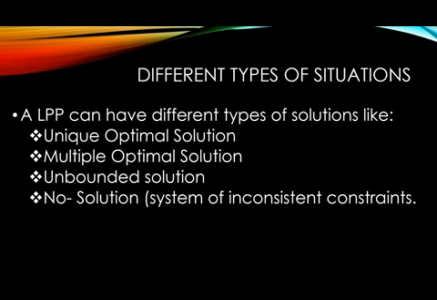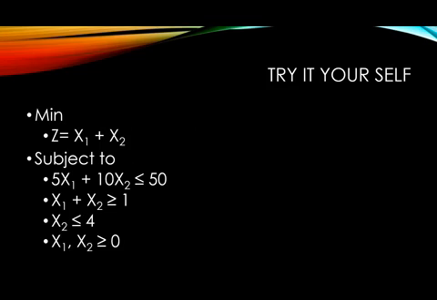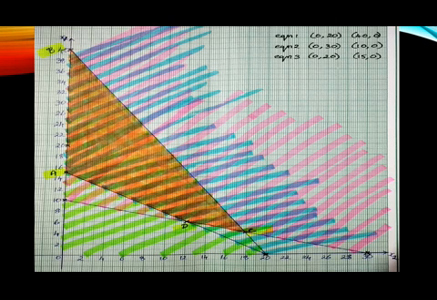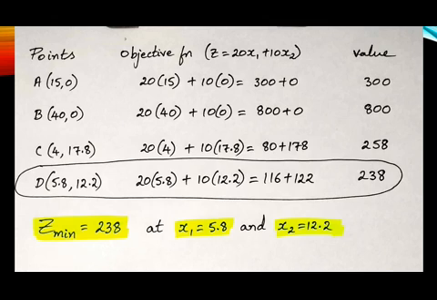Multiple optimal solution. How does this look? Let me come back to the previous example here. Let me say I had a point D at some coordinate and a point C at some coordinate, and when you substitute, let me say I got 238 here also and 238 here also.